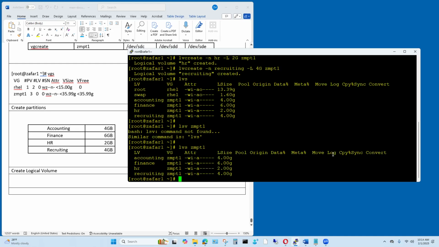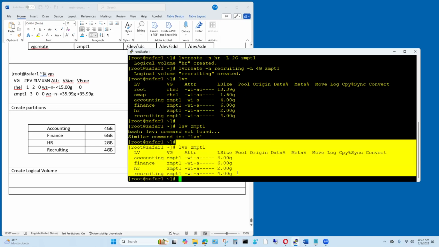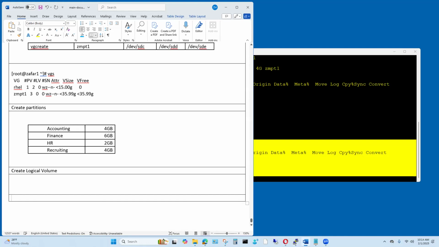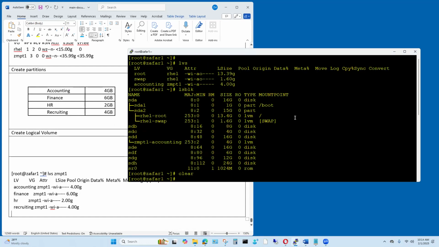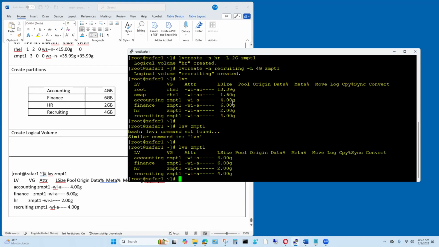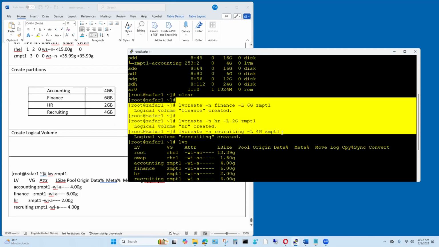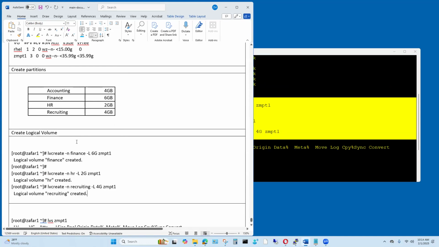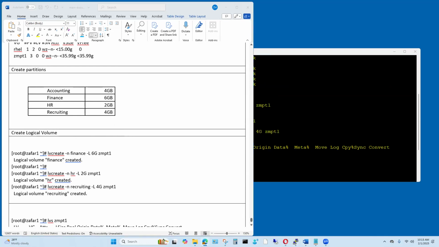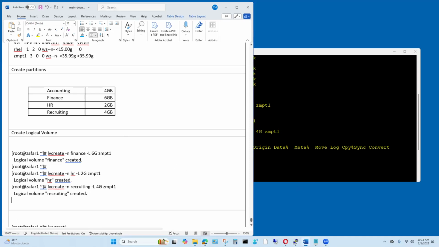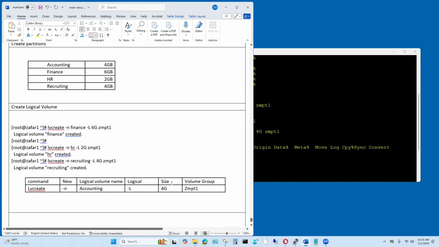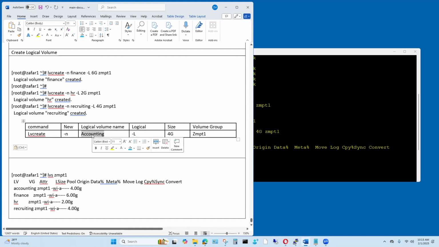It will filter it out and show you only ZMPT1. Okay, so this is what we have here, right?